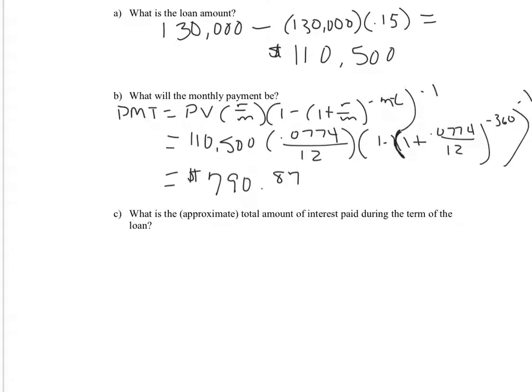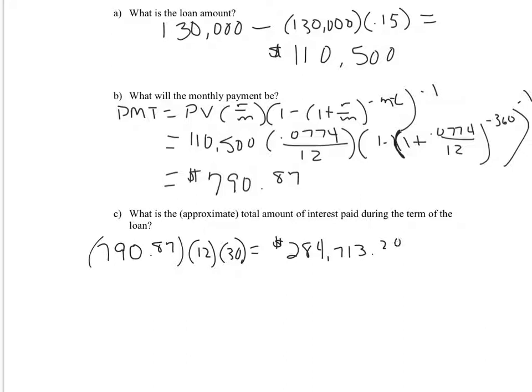So can we calculate the amount of interest paid during the term of the loan? The answer is yes, we can. We just have to take that payment amount, $790.87, multiply it times 12 times 30. They're going to have paid $284,713.20 if they make all their payments on time over that 30-year period.